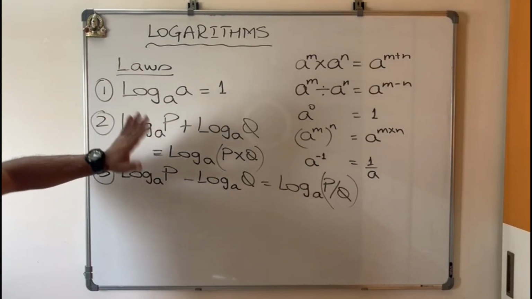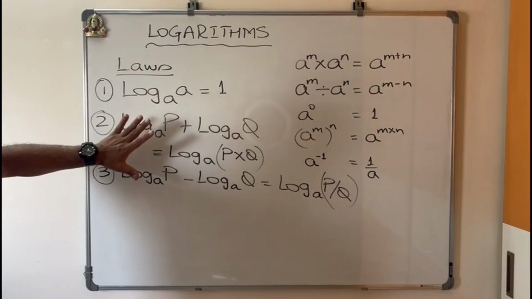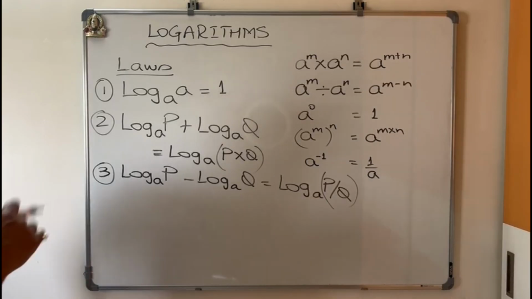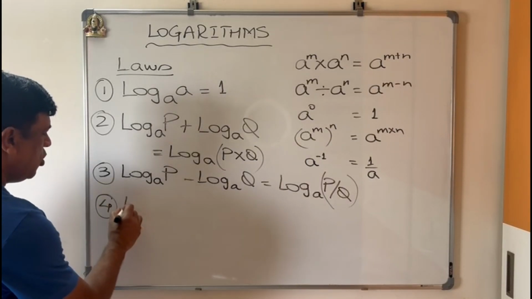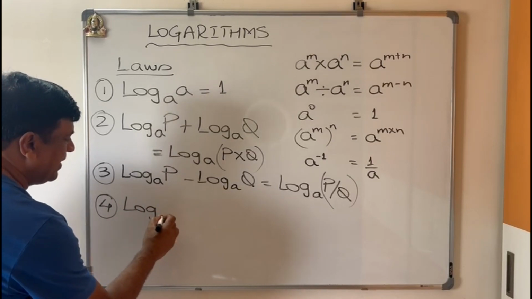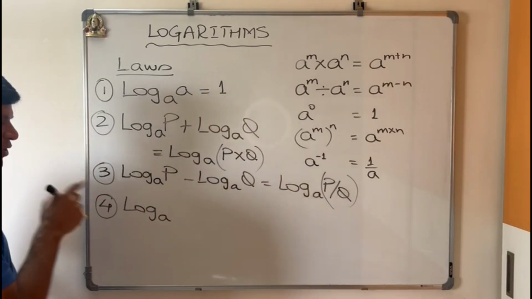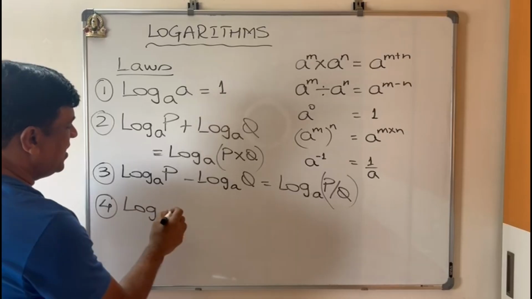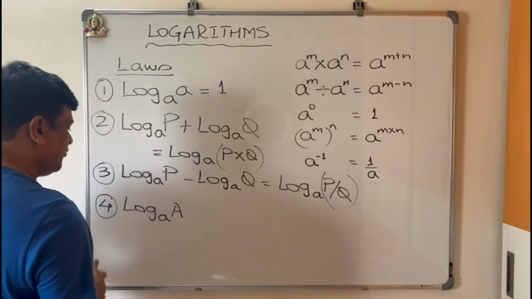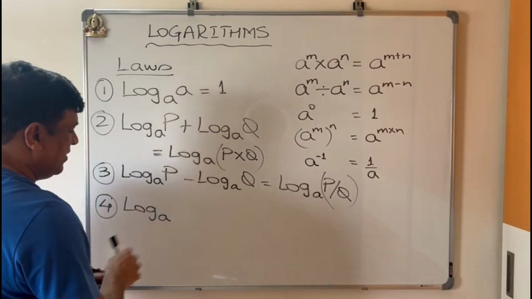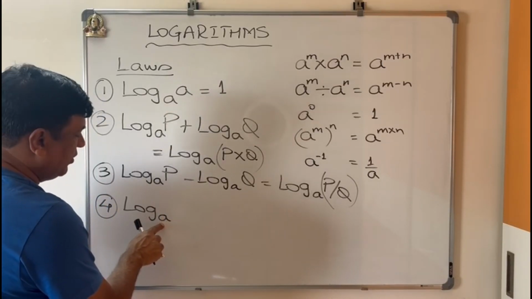Okay, so these are the three main important formulas which we have, and the fourth one is one more formula, which is log of base a. If I have something called a to the power n, I need to have the same number over here, whatever base I have.